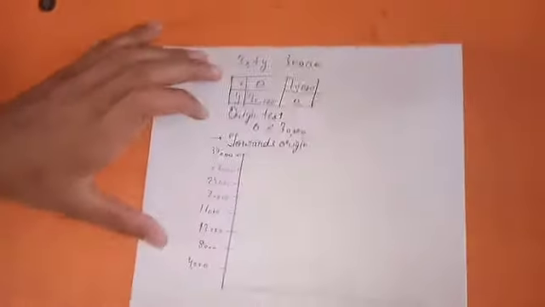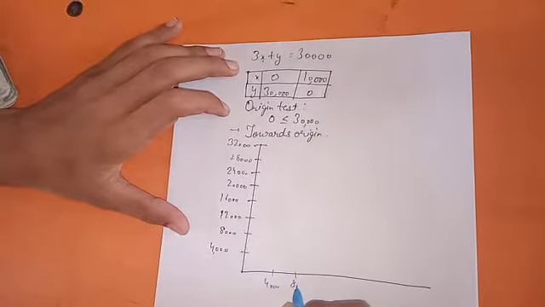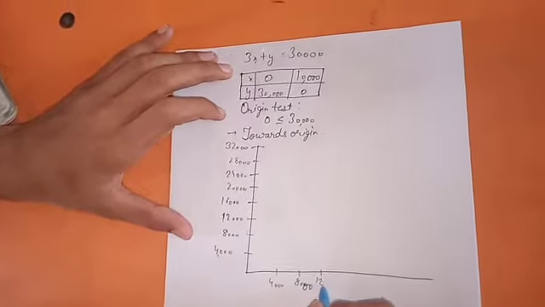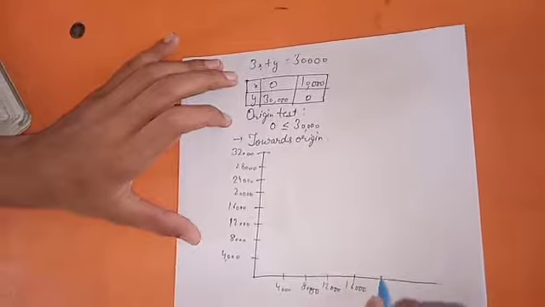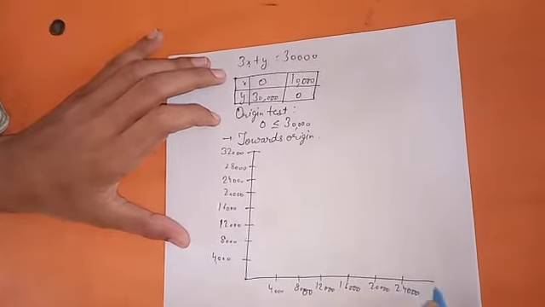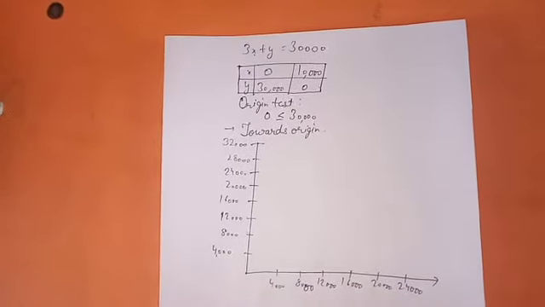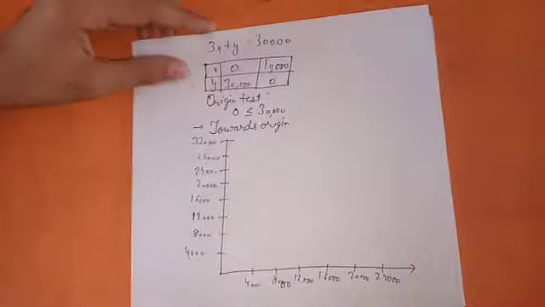Similarly for x, 4,000, 8,000, 12,000, 16,000, 20,000, 24,000. Now we will draw our graph using the various constraints.